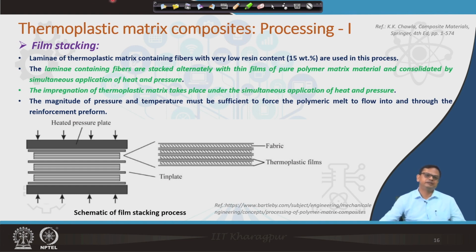The first technique is film stacking. In film stacking, you can see there are pressure plates, and in between we also have metallic tin plates, which are basically used to pressurize whatever you keep inside. Now, what is there inside? Inside you can see there are thermoplastic films, and this fabric is basically the fiber fabric.